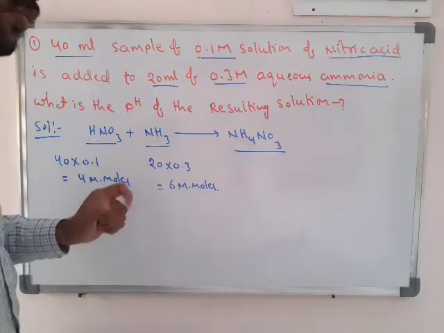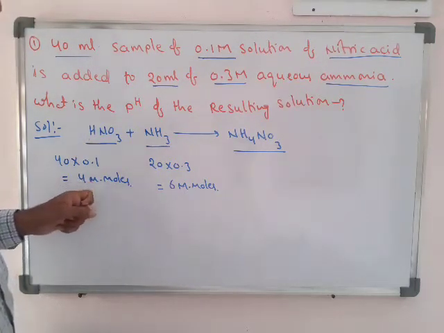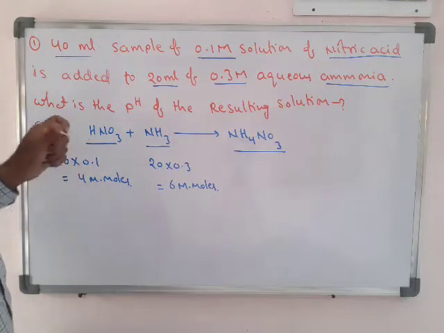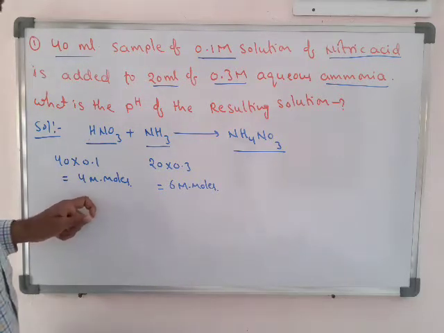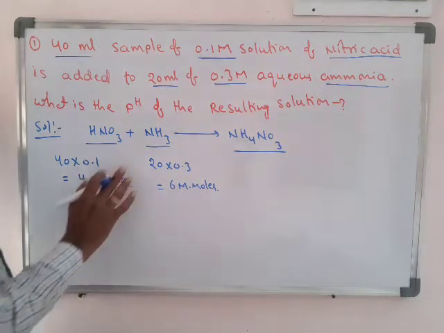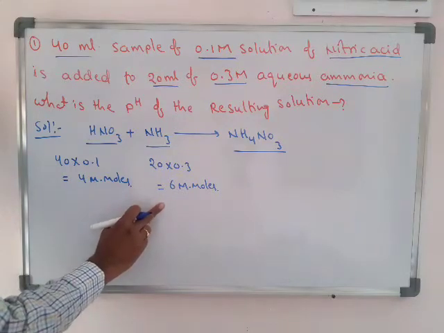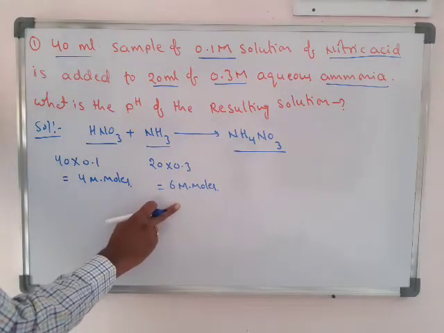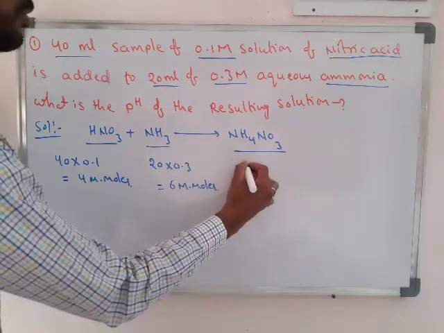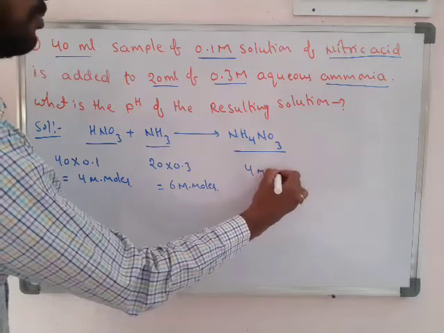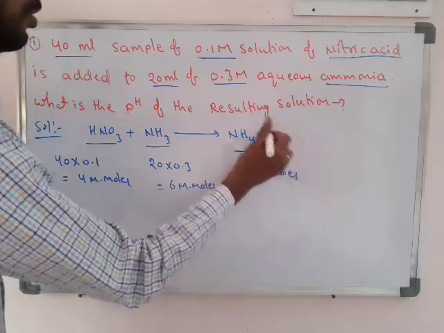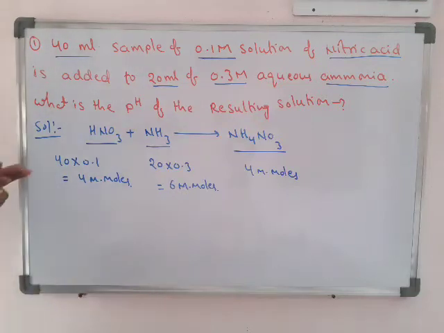Which is totally consumed in the reaction? 4 millimoles of HNO3. So 4 millimoles of HNO3 undergoes reaction with 4 millimoles of NH3, and there is a formation of 4 millimoles of ammonium nitrate.